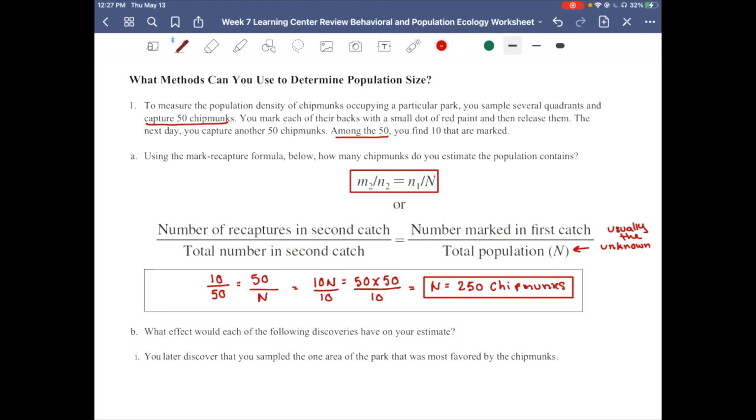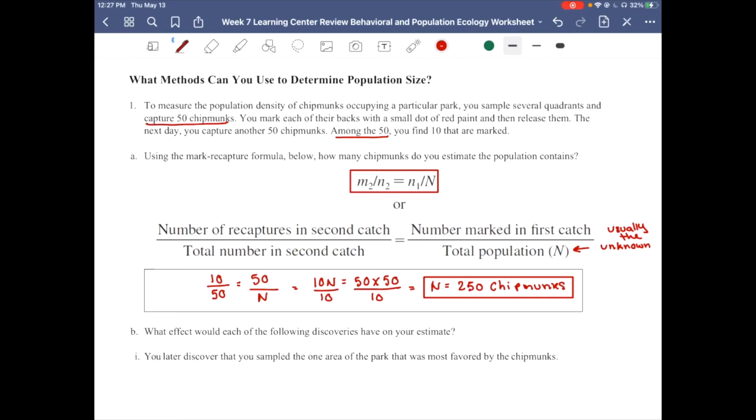I have a comment that says larger, and that is exactly right. If we picked a part where chipmunks just love to come, then we're going to end up capturing more than we would have in a different part of the location. So a sample tends to be higher in that specific location, and our population estimate would tend to be larger than if we had sampled more parks.